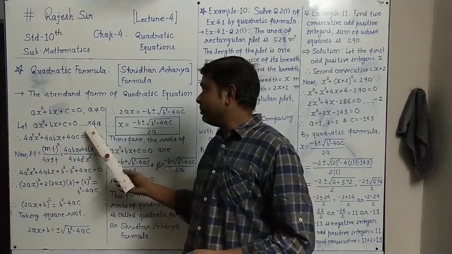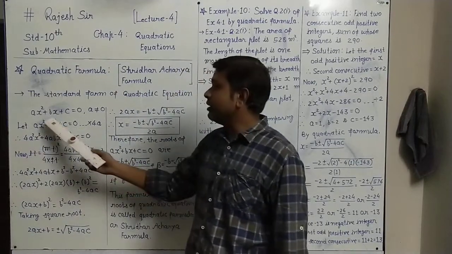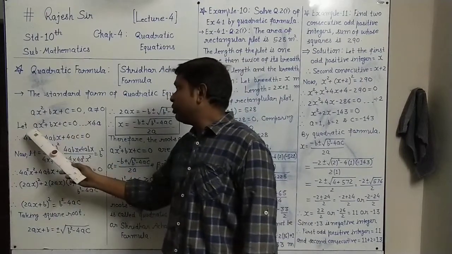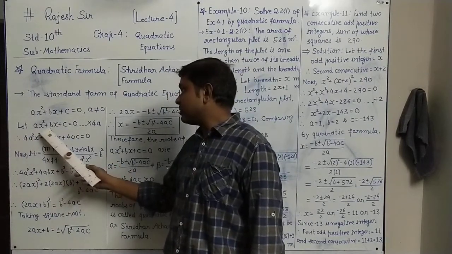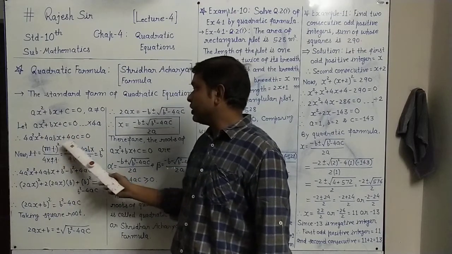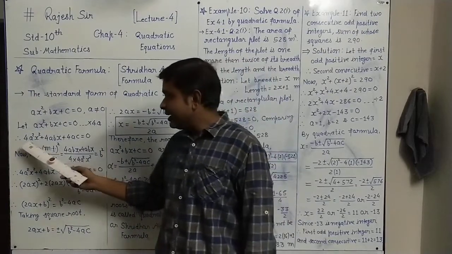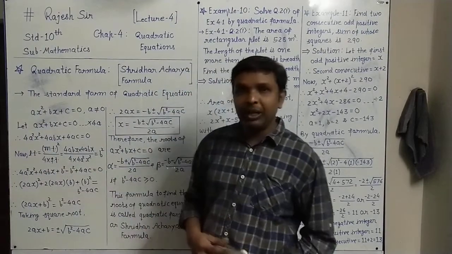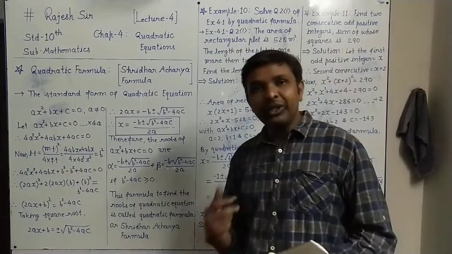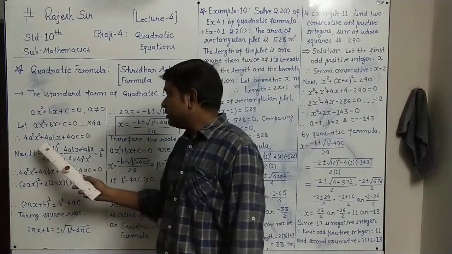Each and every time you multiply this standard form by 4a, it will be 4a into a, 4a square x square as it is, plus 4a into bx, 4abx, plus 4a into c, 4ac equal to 0. By doing so, 2ax the whole square becomes the first term, the square of some real number. So we have done this.